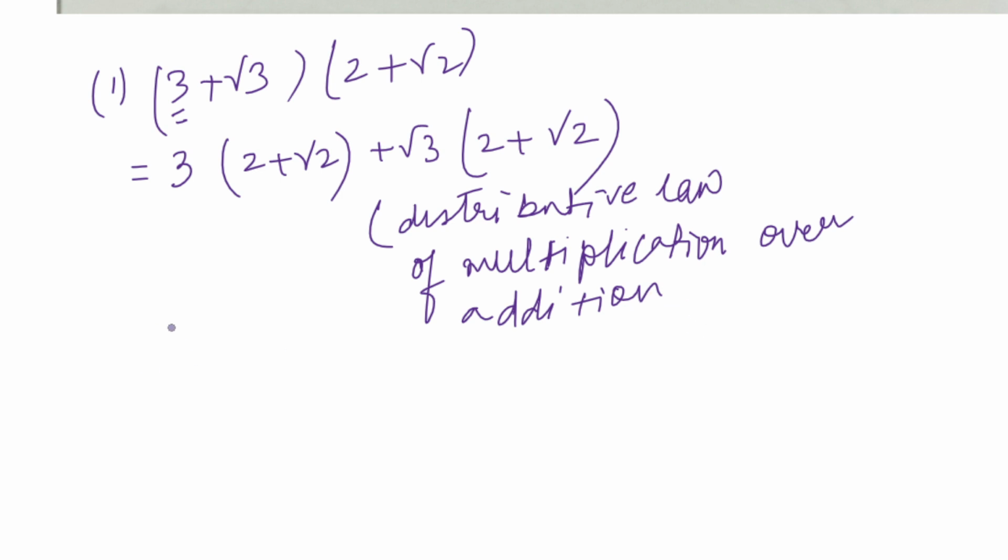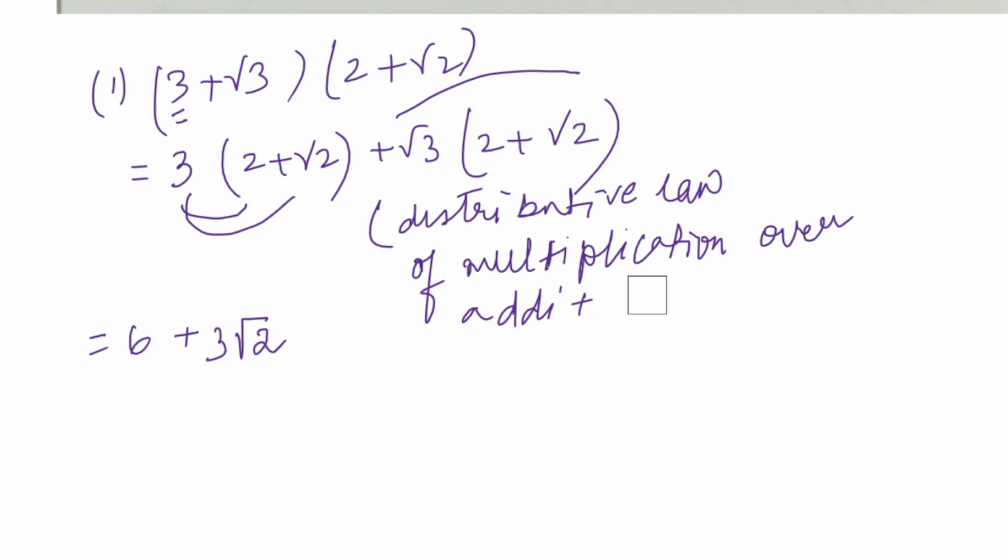All right, so now I'll multiply 3 and this 2. 3 into 2 is 6. 3 into root 2: I'm having plus here also, so plus 3 root 2. This part finished, come back to this part.